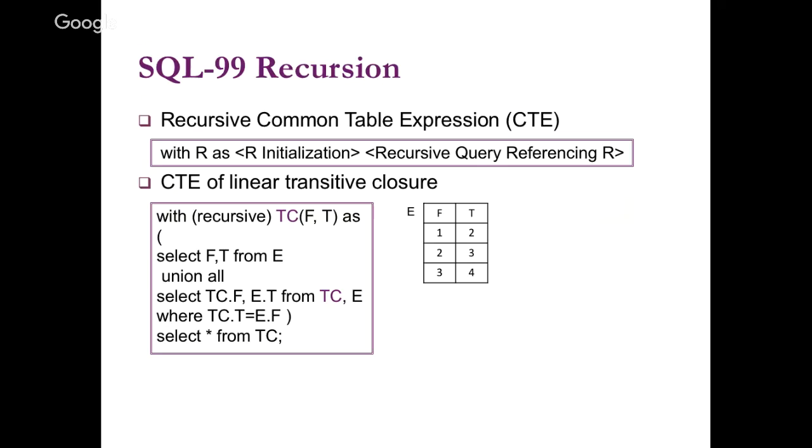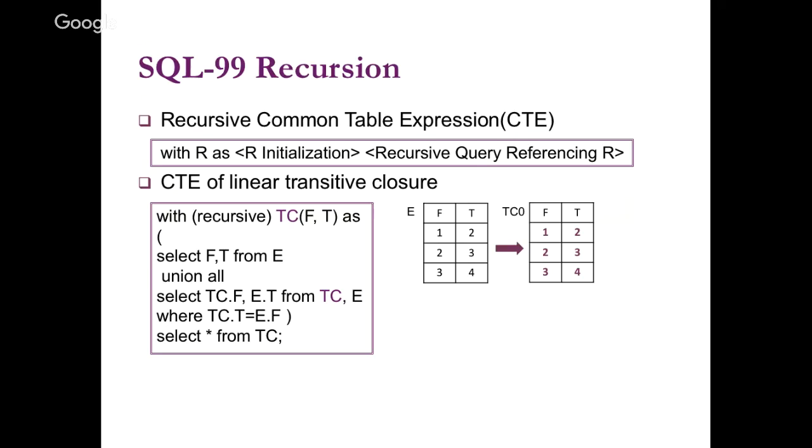Since most graph processing algorithms are recursive, here we trace back to the SQL recursive query. The SQL recursive query here we also call a recursive common table expression. It defines the recursive relation R in the initialization step, and it queries the recursive relation R iteratively in the recursive step. And here is an example of linear transitive closure.